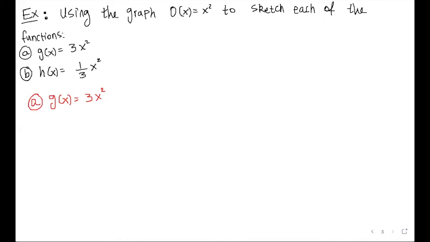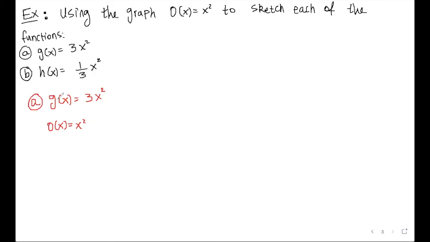Because x squared is the function. If it was 3 plus x squared, or the 3 was inside parentheses, it would be different. This is true. So my original function f of x equals x squared.